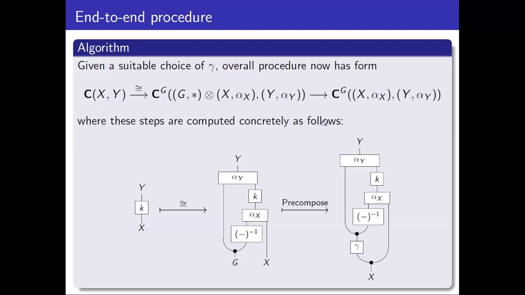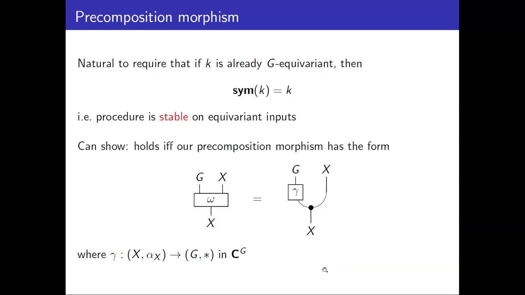And now you need to turn this thing into a morphism that takes just an X as input instead. The only way really, without more assumptions, that you can do this is by precomposing this thing on the left by this morphism at the bottom here. So notice that this top part is the same. All I've done is plug in this bottom bit, which is just precomposing that middle thing by this omega from the previous slide.